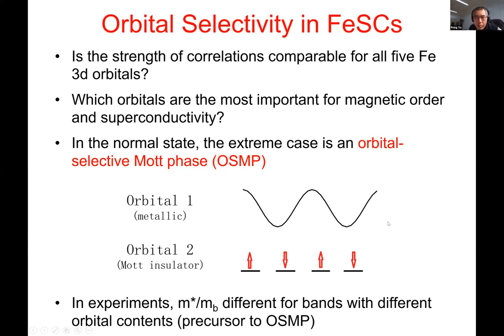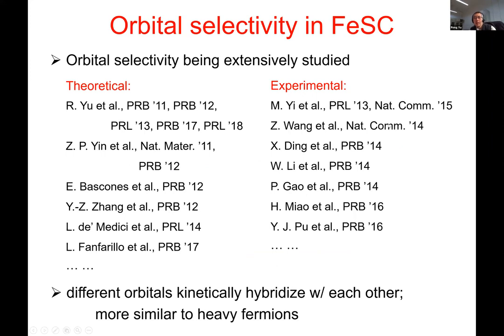But in experiments, there are usually hybridizations between the different orbitals, and the orbital selectivity is usually measured by the effective mass renormalization factor, m star over m b. If we see a very strong orbital dependent mass renormalization factor, this usually corresponds to a strong orbital selectivity, which is a precursor to the orbital selective Mott phase. In the iron-based superconductors, this orbital selectivity has been extensively studied, both theoretically and experimentally.